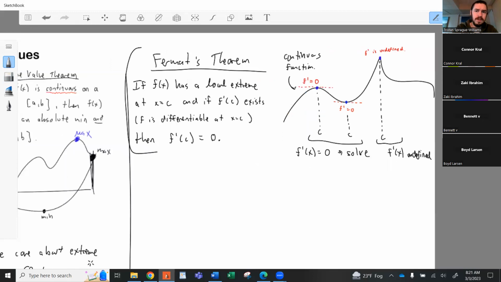So now we introduce a definition. We're going to define a word that will help us.